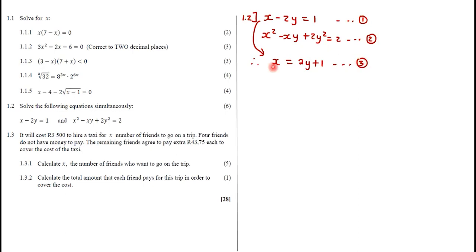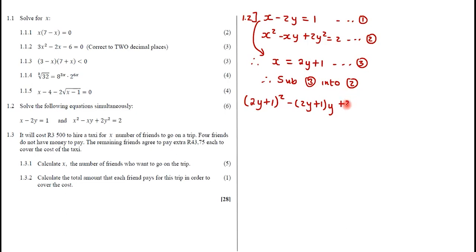So this gives me equation 3. And then from here, that's when I sub this new one into the one that I didn't change, which is equation 2. Now what this means is that whenever I see x, I'm just going to substitute 2y plus 1. As you can see here, I'm substituting there.